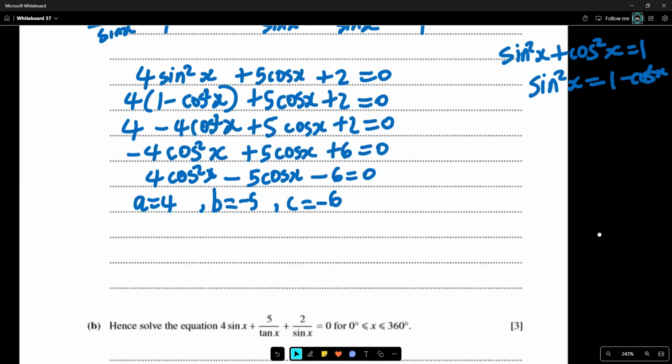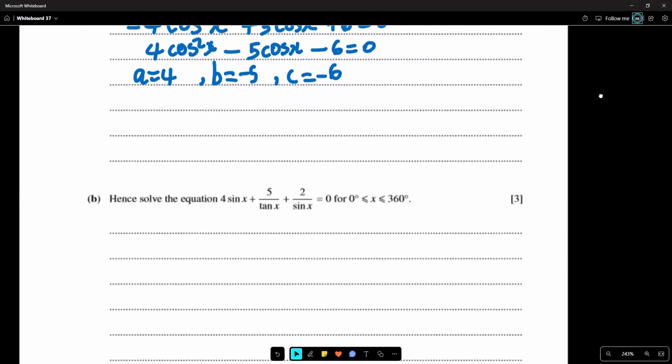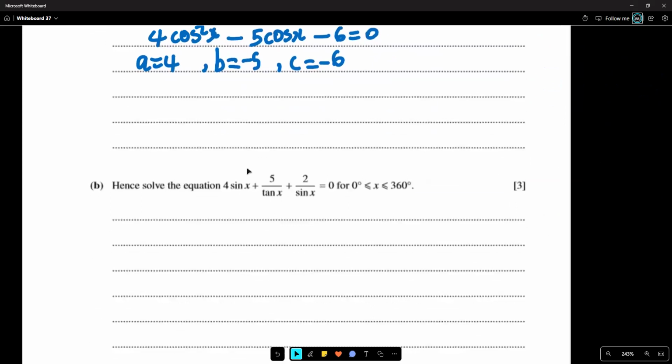Okay. Now they say hence. Remember, if a question says hence, as I said earlier, it means use whatever you have above to answer this. So now, we got this as our answer previously, right? And then we need to solve this for 0 to 360.